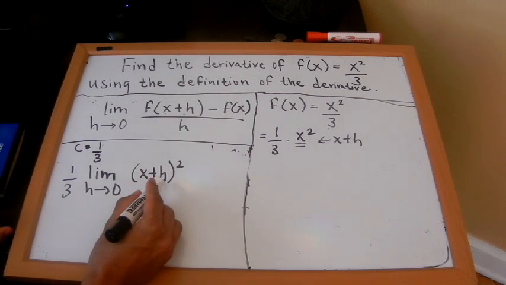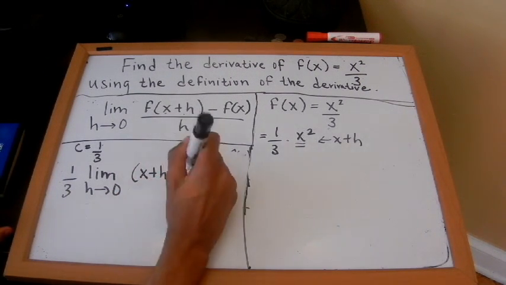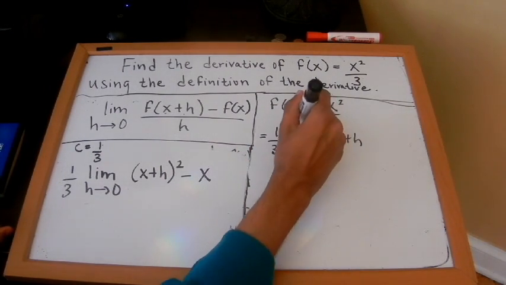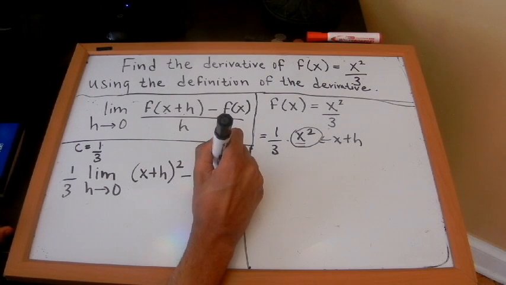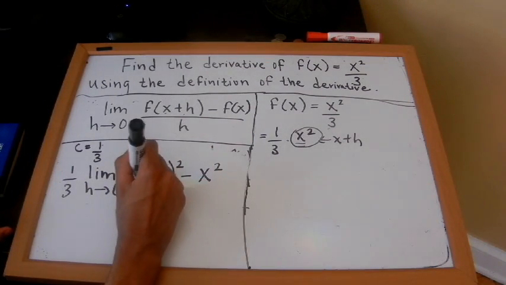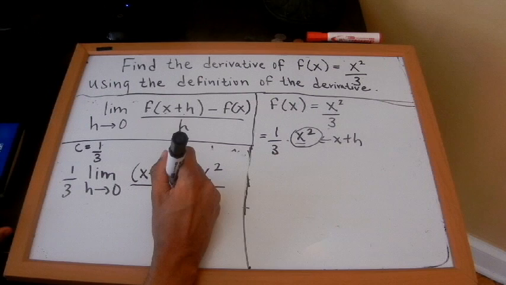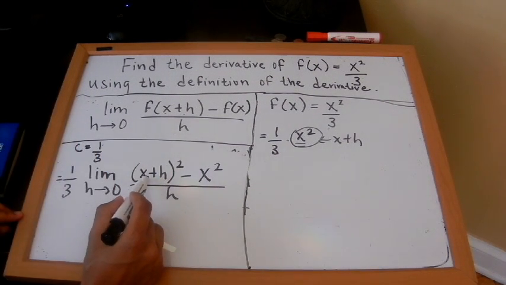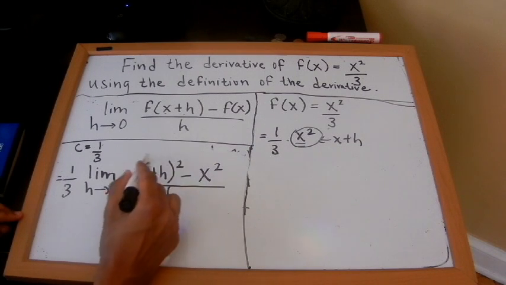So we have x plus h squared minus our function, which is simply x squared, all divided by h.